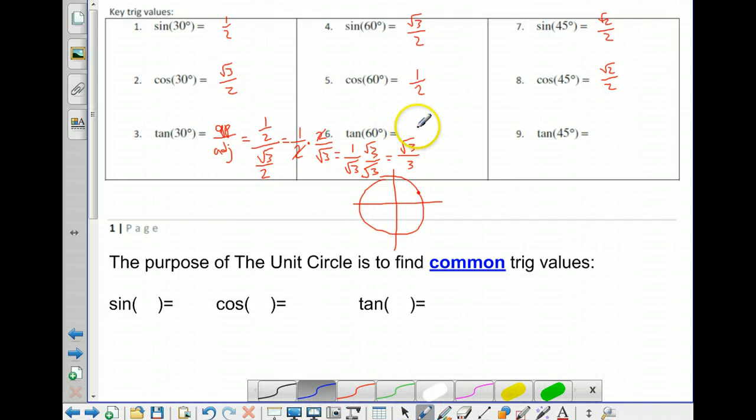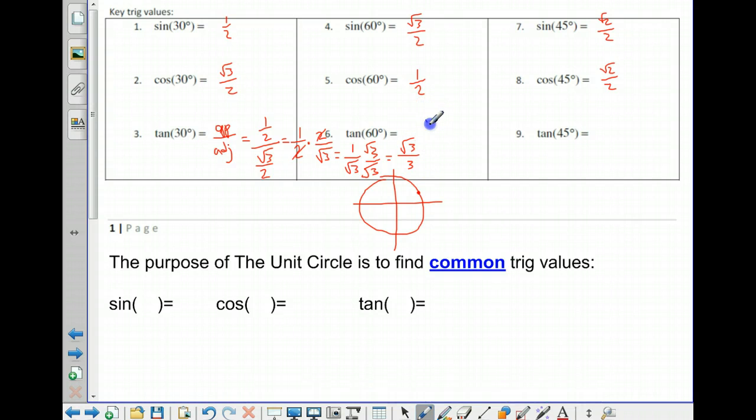Tangent of 60, so it's just flipped around. I have square root of 3 on top divided by 1/2, which is the same thing as square root of 3 over 2 times 2 over 1, the reciprocal of 1/2. 2's cancel out, you're left with square root of 3.